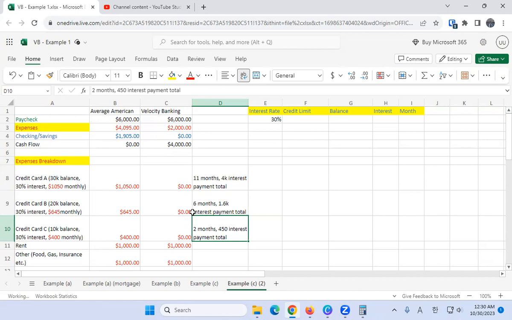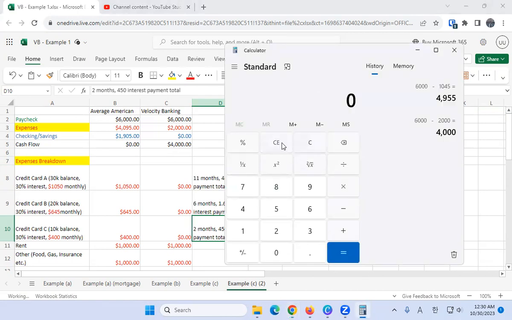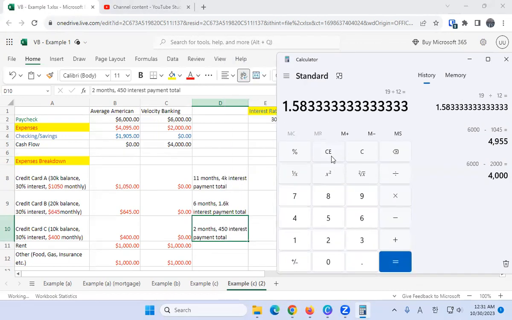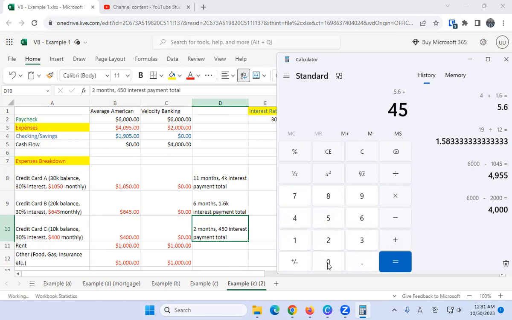So this is about 20 months. So 11 plus 6 is 17. Oh, no, 19 months. So 19 months. Well, so 19 divided by 12. So it took us a little bit over a year to pay it off, right? A year and a half. And we'll just say a year and a half, and 4 plus 1.6 plus 450.